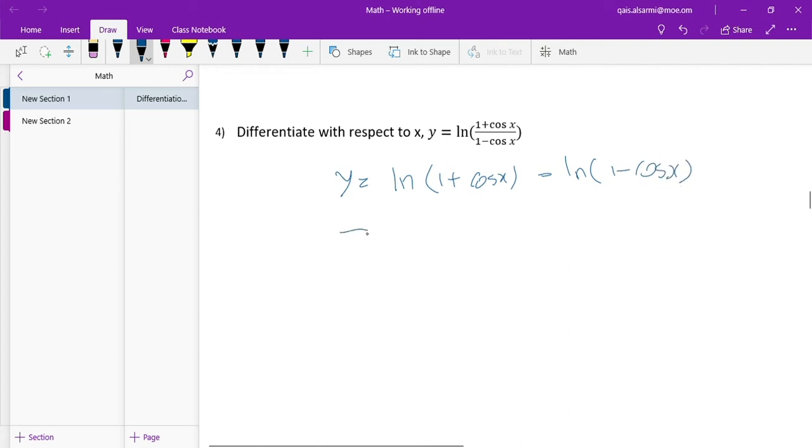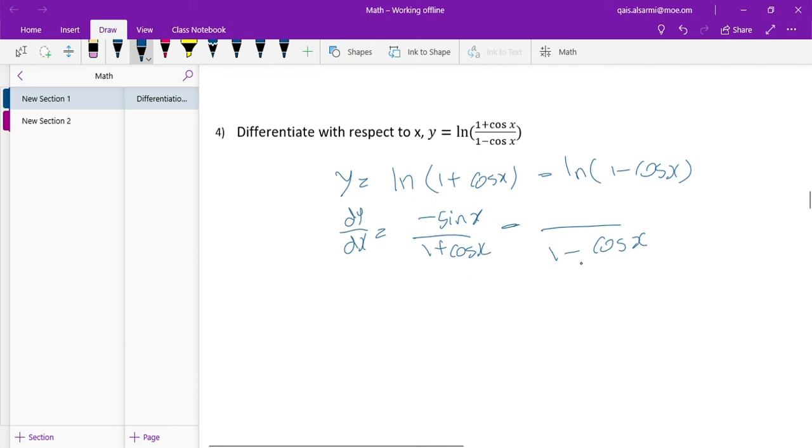Now, how to differentiate? To differentiate ln, just write the function as it is down: 1 plus cosine x. Up, its derivative. Derivative of cosine is negative sine. Here, 1 minus cosine x.